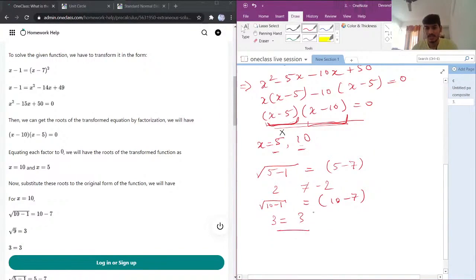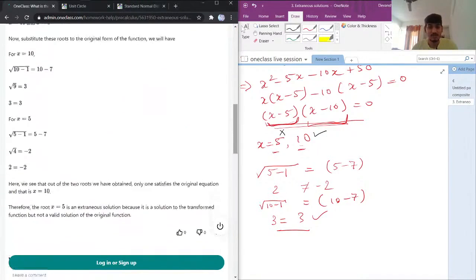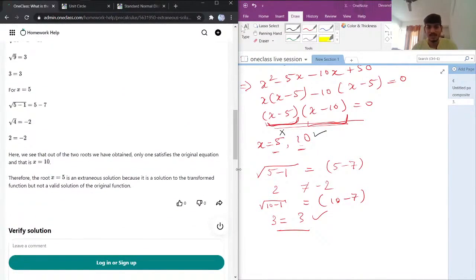So this satisfies the equation. In this case, x equals 5 is the extraneous solution of the equation, and x equals 10 is the normal solution of the equation.